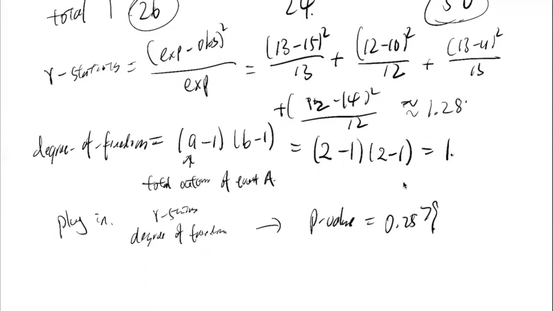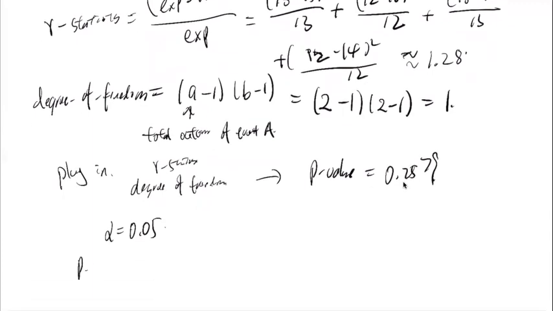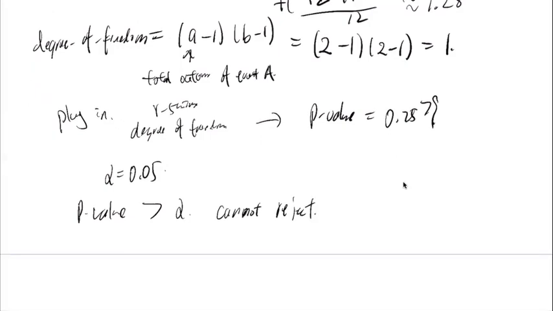Our significance level alpha is 0.05, and our p-value is greater than alpha. So we cannot reject our null hypothesis and conclude that ice cream preference and midterm performance are independent, which makes sense.